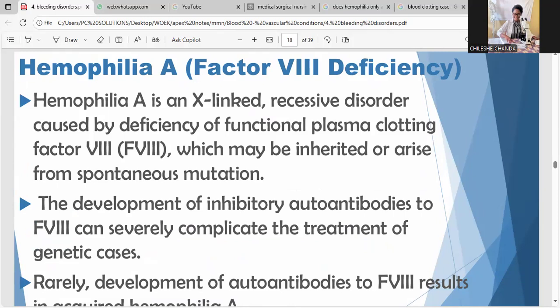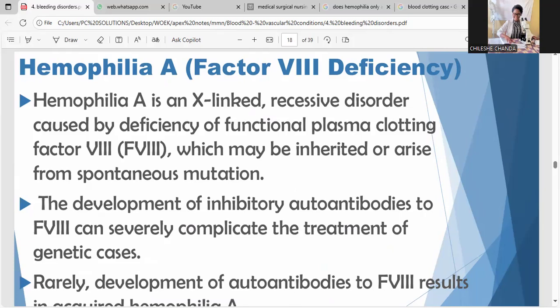So let us look at hemophilia. Okay, since we've started looking at conditions of the clotting factors, the first one was von Willebrand disease. Now we're looking at hemophilia. We have hemophilia A and hemophilia B. So hemophilia A is a factor 8 deficiency.